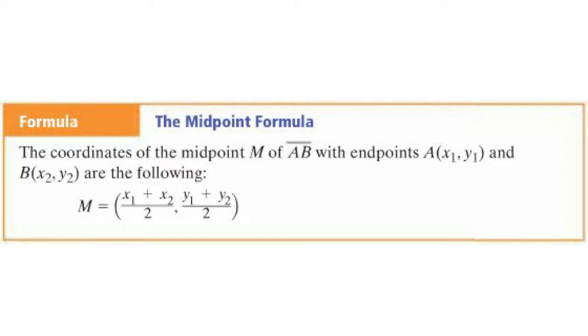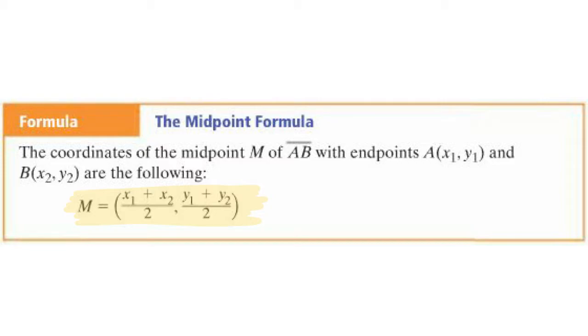The midpoint formula states that the coordinates of the midpoint M of segment AB with endpoints x1, y1, and x2, y2 are the following. So we can see our formula right here, where we add the x's and divide by 2, and we add the y's and divide by 2.